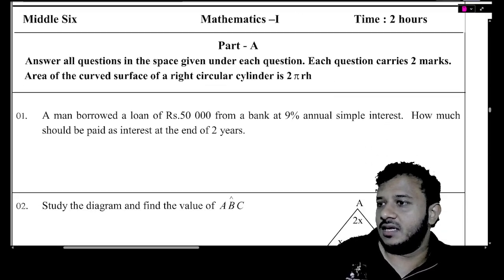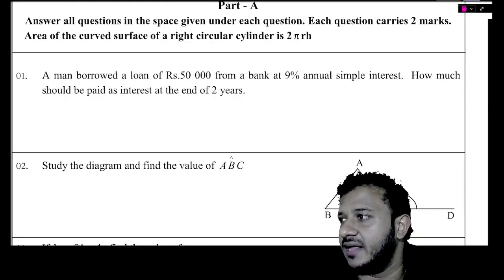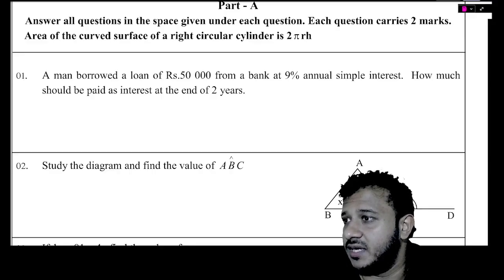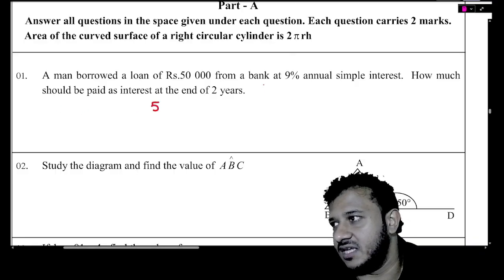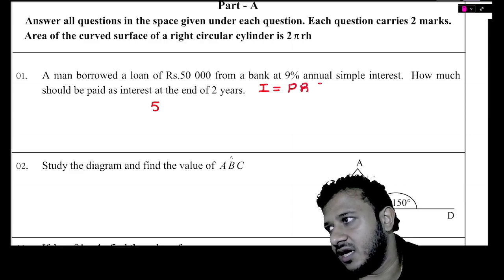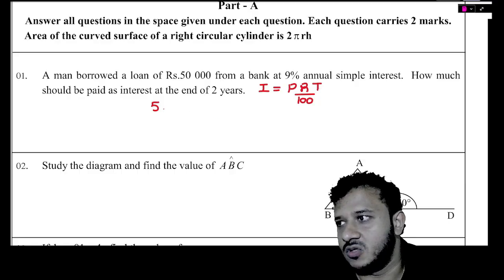A man borrowed a loan of 50,000 from a bank at 9% annual simple interest. How much should be paid as interest at the end of 2 years? So we know simple interest. What is the equation? Interest is equal to PRT over 100: principal times rate times time. What is our principal?